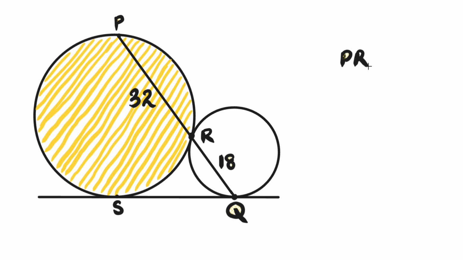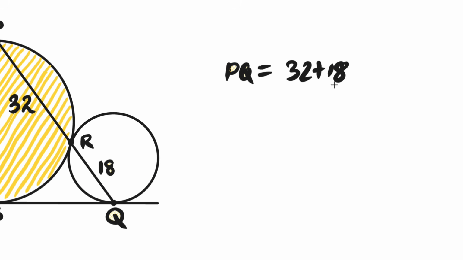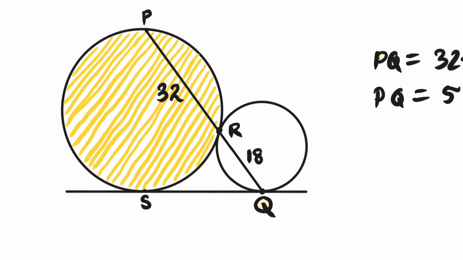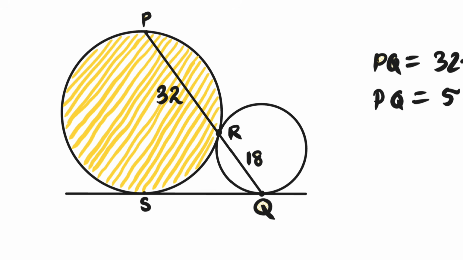We are given PR equals 32 units and RQ equals 18 units. So we can write PQ equals 32 plus 18, which gives us PQ equals 50 units. Keep that result in mind because we are going to need it very soon.